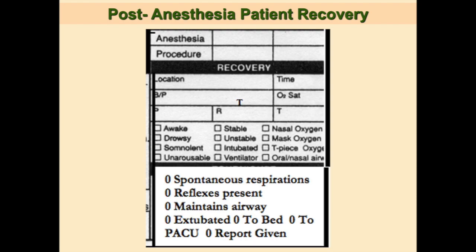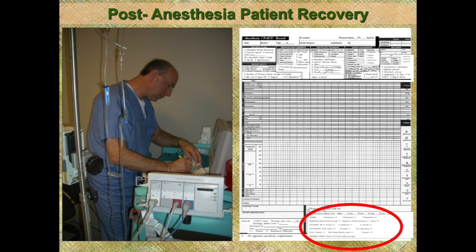So we'll start recovery there, check boxes, maintain your times up on top of when anesthesia and the procedure started and when the procedure and the anesthesia stop. And then we have to tell on paper how recovered the patient is from their sedation.